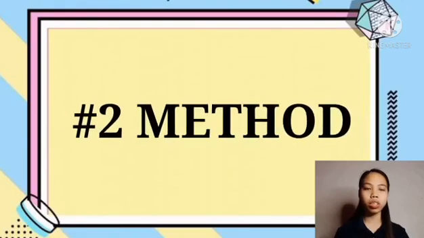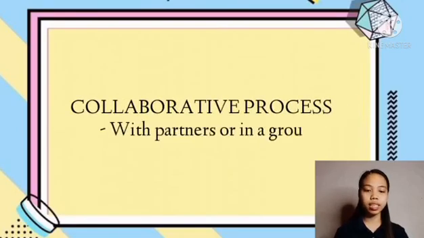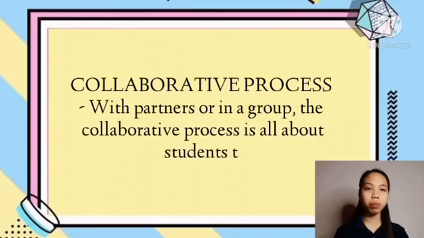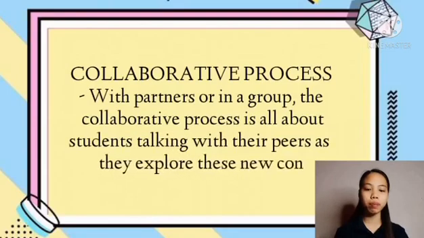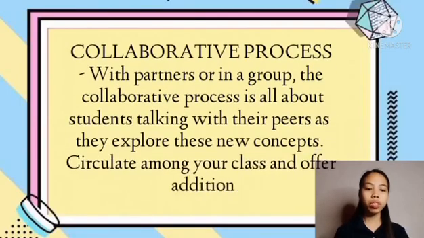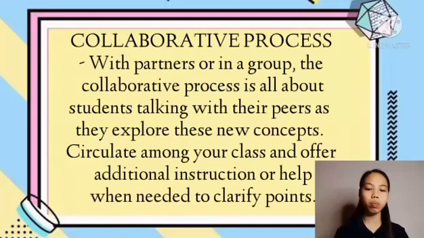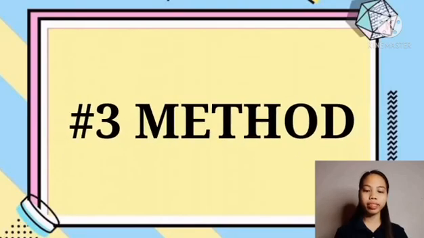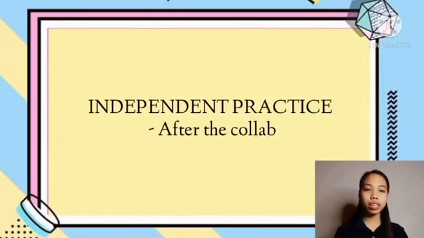Method number 2, collaborative process. With partners or in a group, the collaborative process is all about students talking with their peers as they explore this new concept. Circulate among your class, and offer additional instruction or help when needed to clarify points. Method number 3, independent practice.